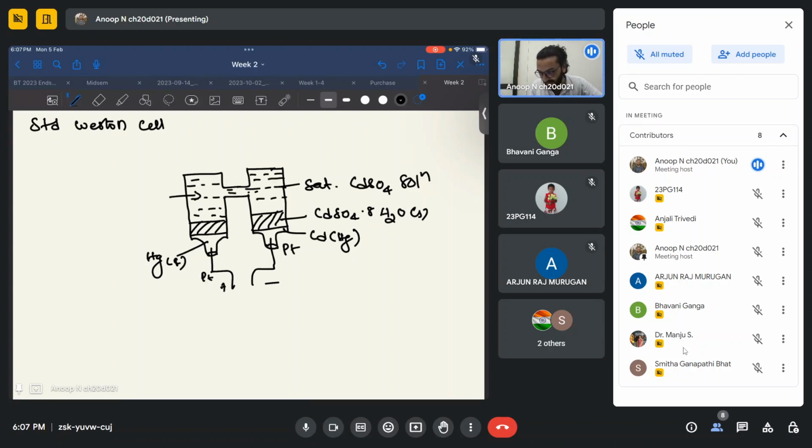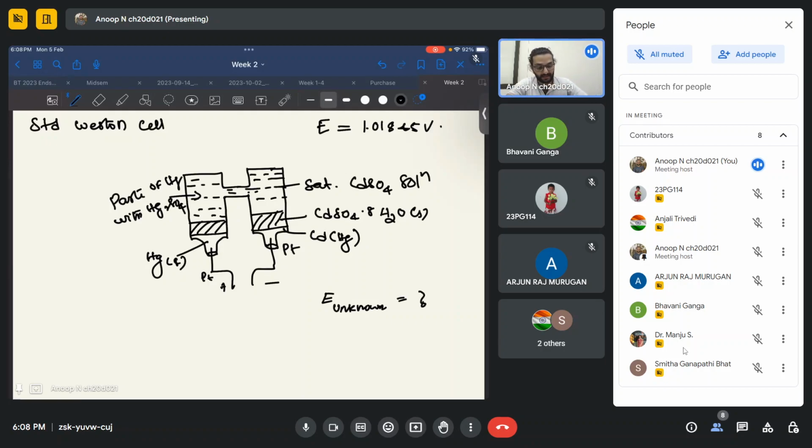On this side we have a paste of Hg with Hg2SO4. This is a standard cell whose EMF is known to be E equal to 1.01845 volt. Using this we can find the unknown E using the same method, but it is not used much. I haven't seen it in research outcomes.